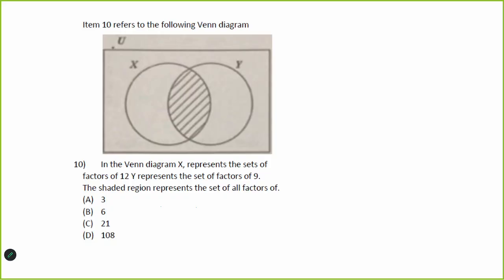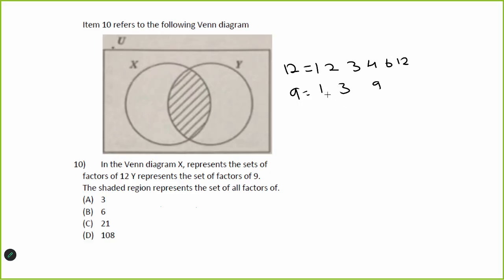If the Venn diagram represents a set of factors of 12, factors of 12 would be 1 and 12, 2 and 6, 3 and 4, and y represents factors of 9, 1, 9, 3 and 3, so it's 1, 2, 3, 4, 6, 8, 9, and then 12.